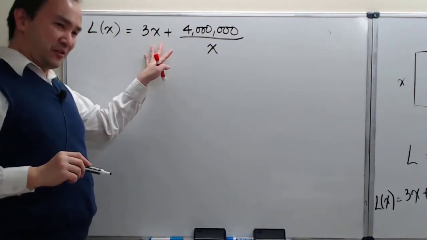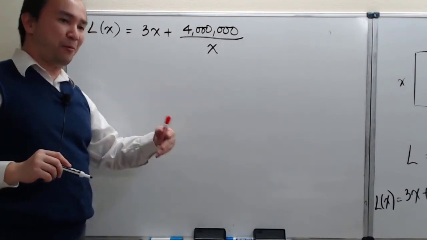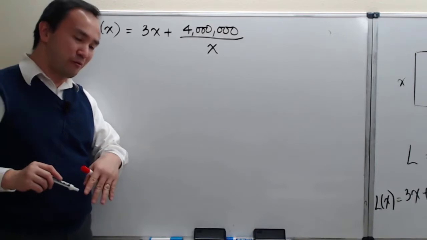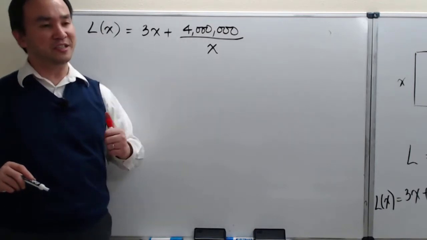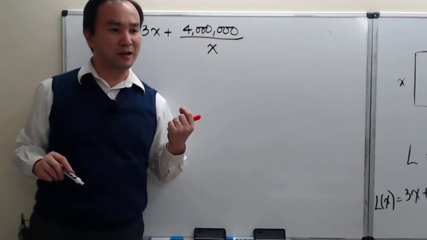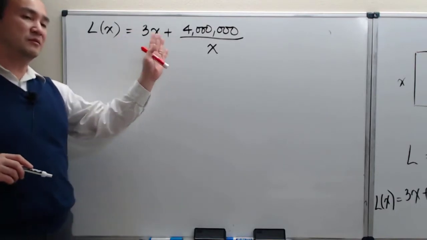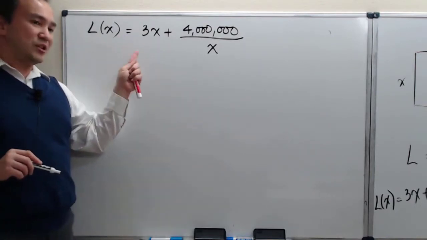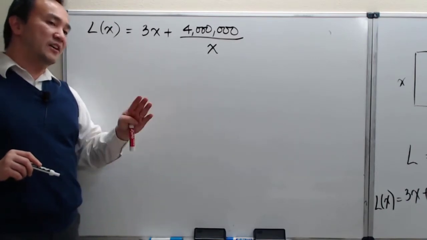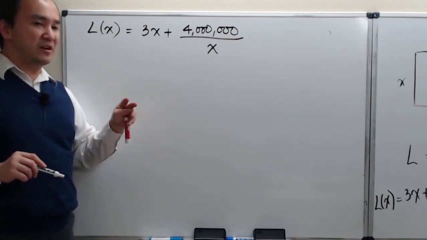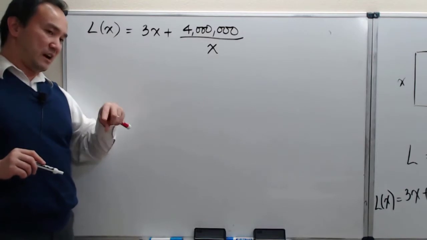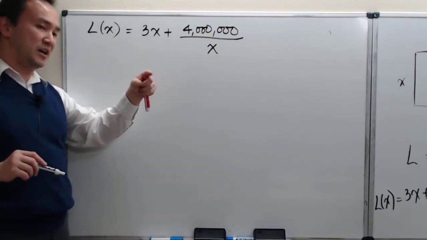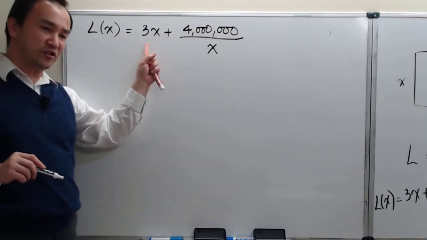And now with this function, we can go ahead and apply our skills, our ability to find maximum and minimum value problems that we've learned in the earlier video lessons. That's why I said earlier that anyone arriving at this video, make sure you have watched my other videos on how to find the maximum and minimum of a function like this.